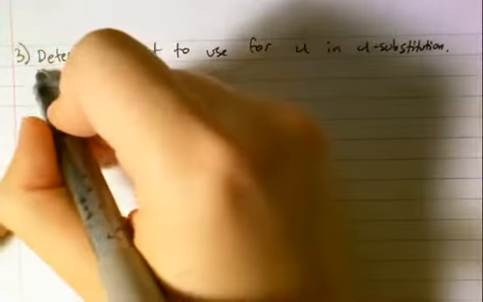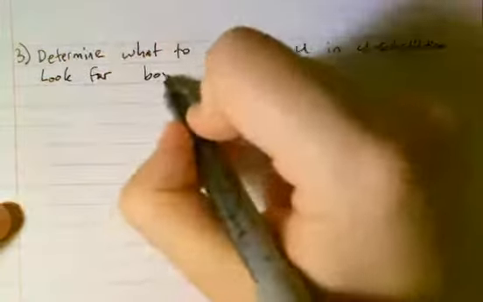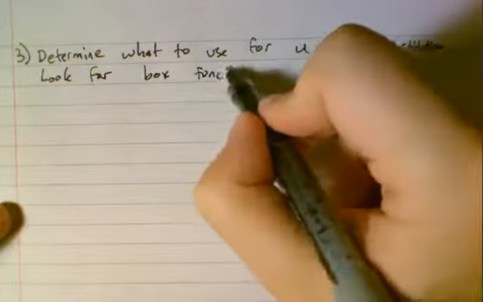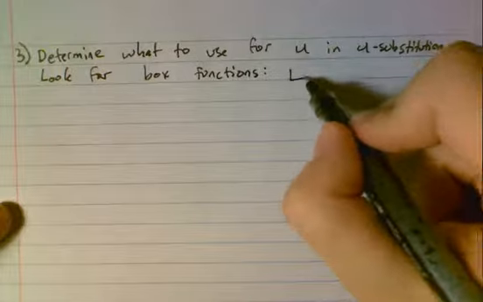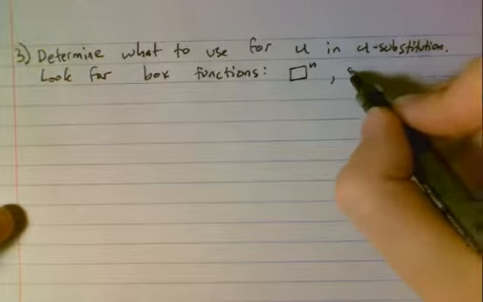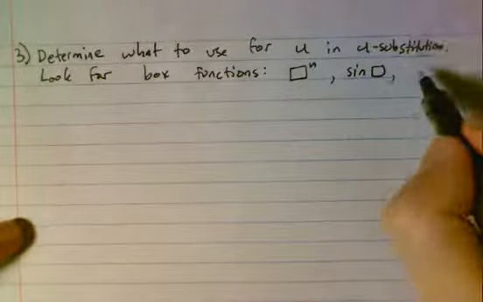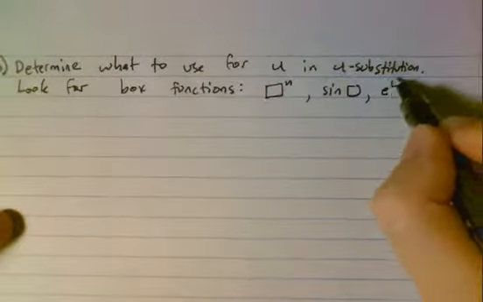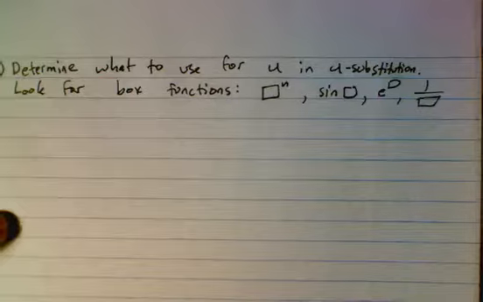And the way that we do that is we look for box functions. So remember, in this case, that's something to the nth power, sine, cosine, tangent, etc. of something, e to the something, or 1 over something.